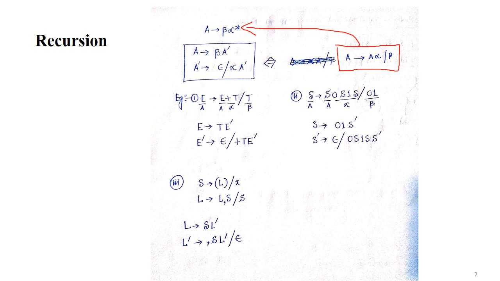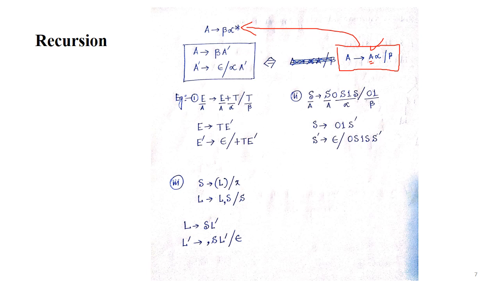Now if I want to remove this left recursion, this is my left recursion because my input symbols are on the left hand side only. So if I want to remove left recursion, I need to do some modification on my productions, or you can say grammar.